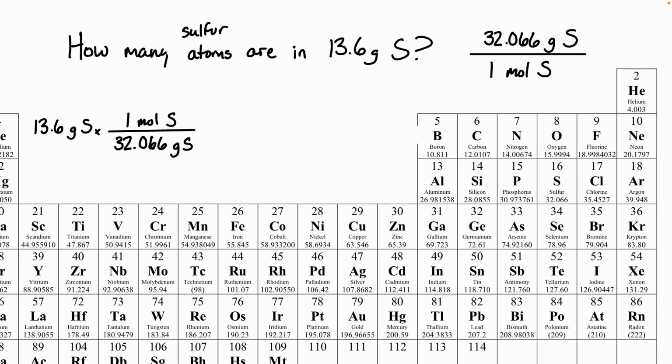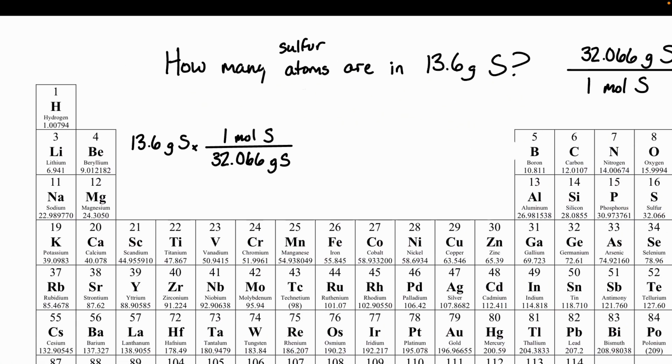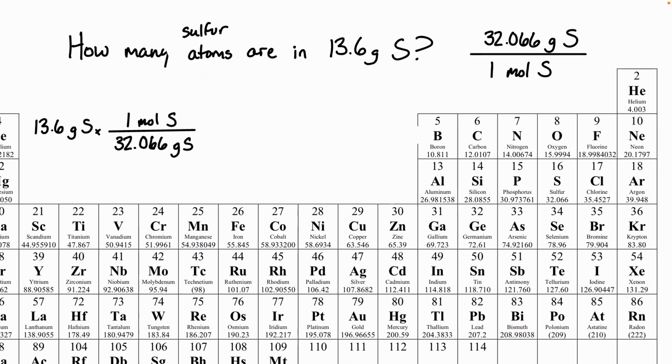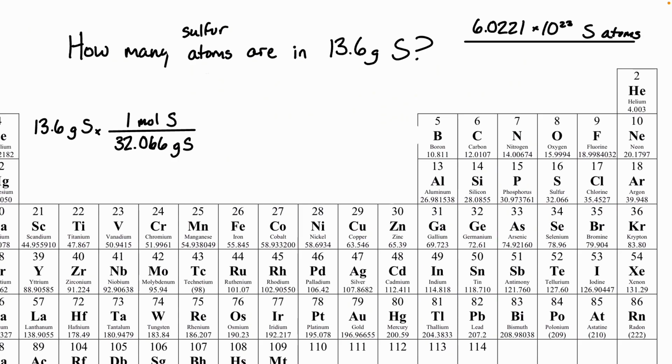So just by seeing sulfur atoms here, I know that I'm also going to need, in addition to my molar mass, that Avogadro's number, 6.0221 times 10 to the 23. In this case, it would be sulfur atoms in 1 mole of sulfur.